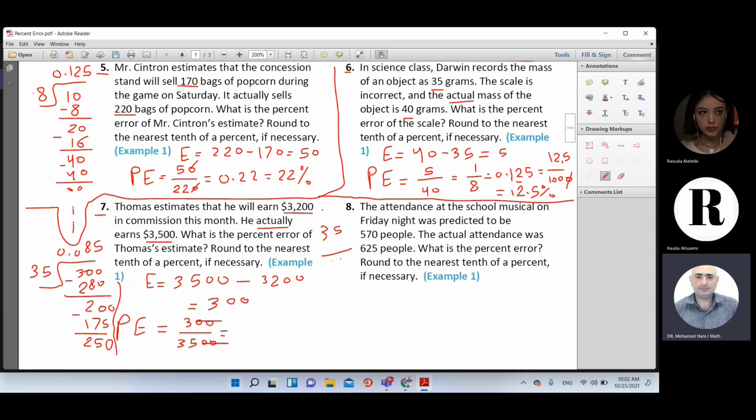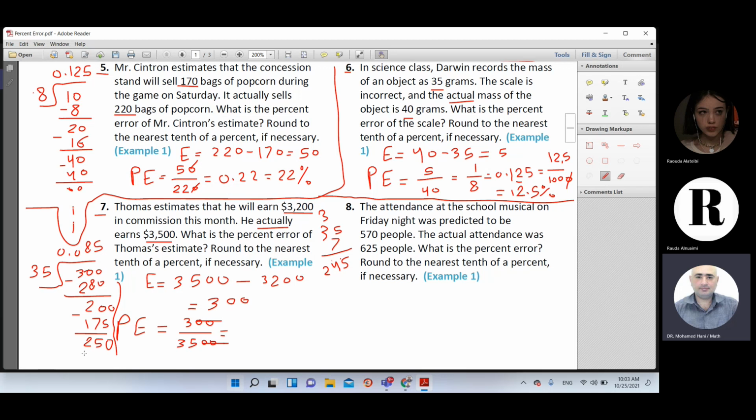Now, we want a number multiplied by 35 equal 250 or nearest to the 250. When you multiply by 8, we get 280. So try 7. 7 times 5 will be 35. 7 times 3 will be 21. 21 plus 3 will be 24.